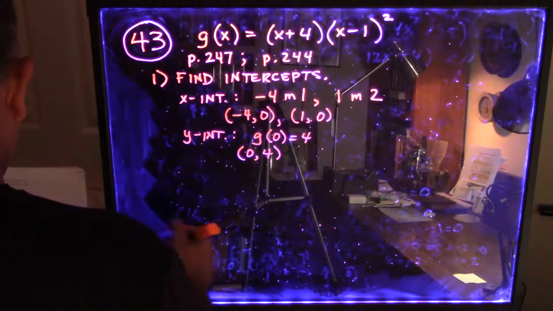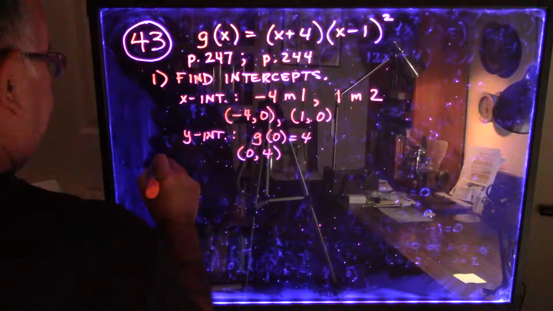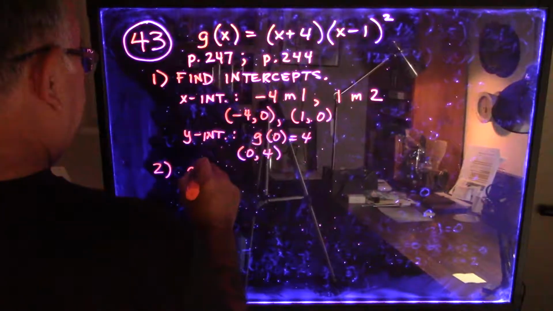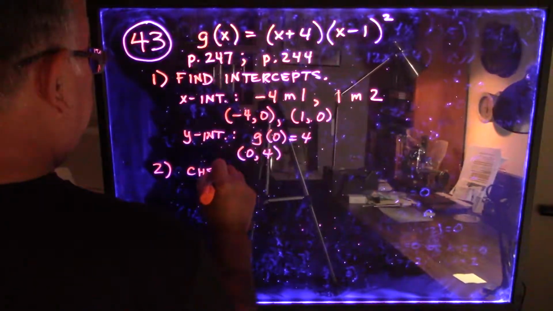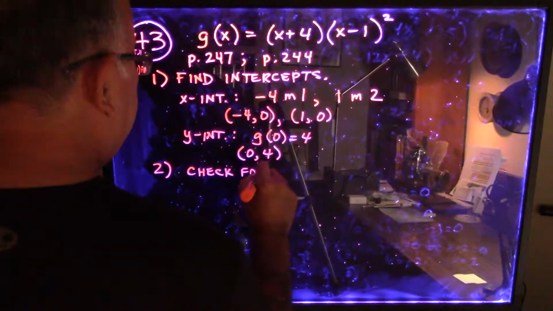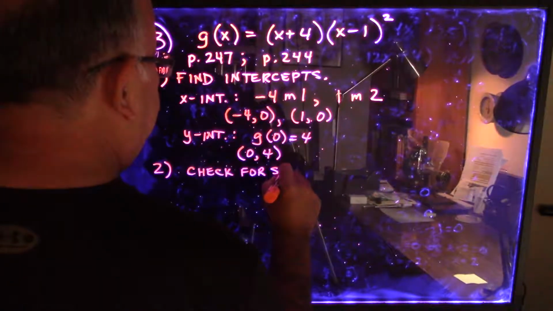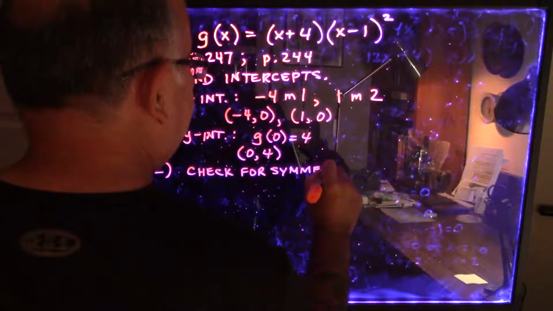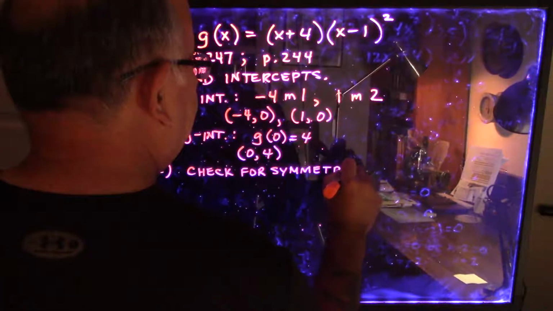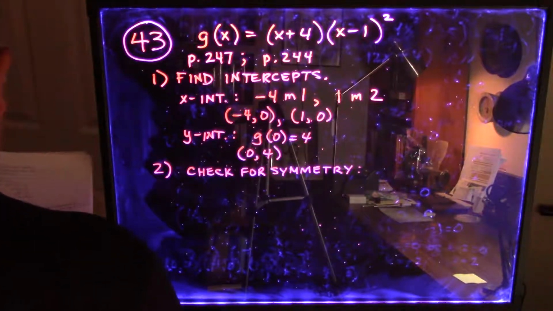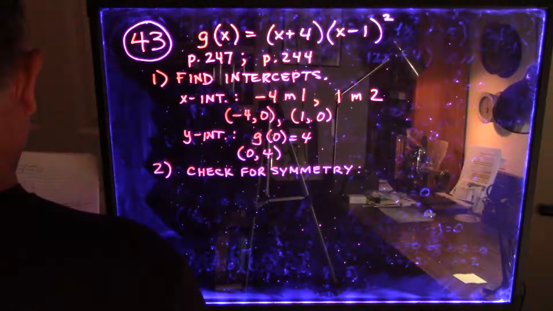Okay, now step 2, we check for symmetry. Why? Because if the graph has symmetry, then you just need to draw part of it, and then the rest of it can be drawn just by using the symmetry.